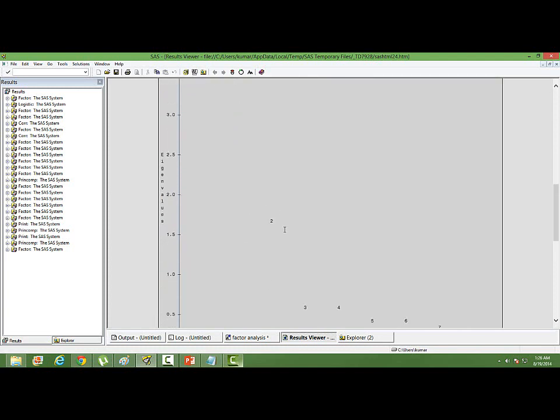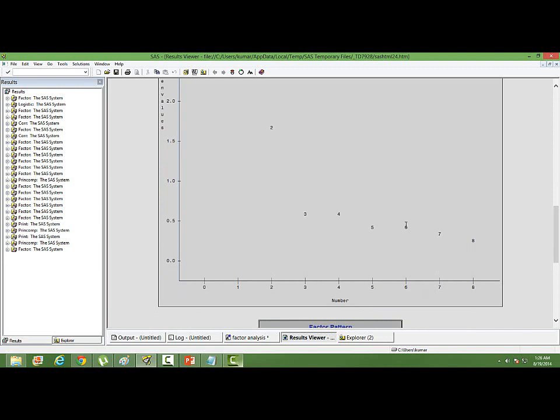Variance explained by the second principal component is around 1.7. But the variance explained by the other principal components is well below 1. So these principal components can be ignored.